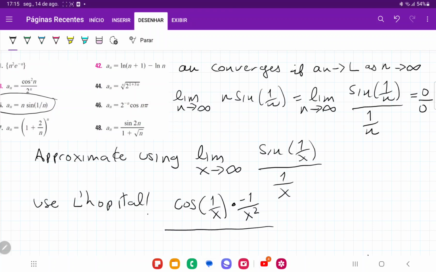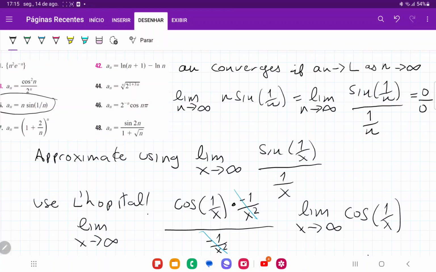And then on the bottom, the derivative of 1 over x is just negative 1 over x squared. And so these cancel. Then we're taking this limit as x approaches infinity, and all we're left with is the limit as x approaches infinity of cosine of 1 over x.